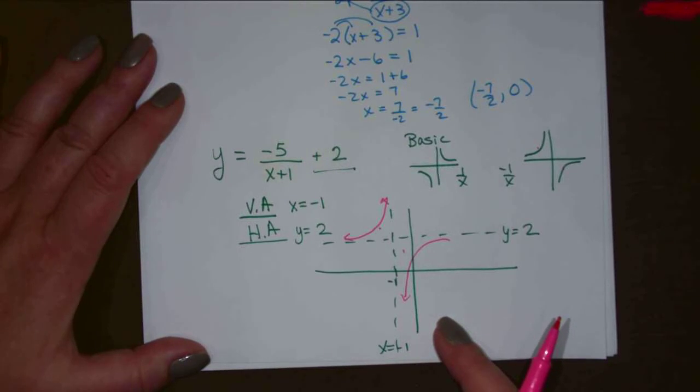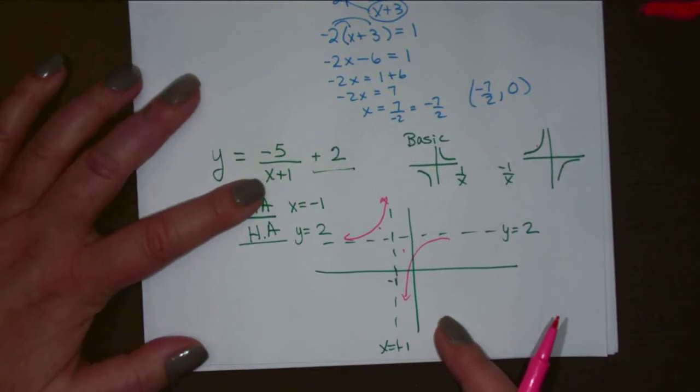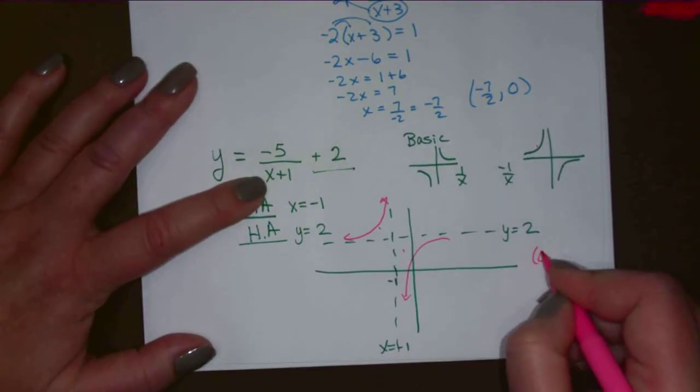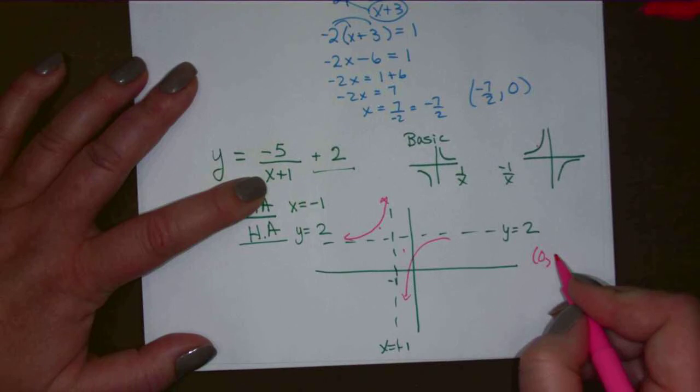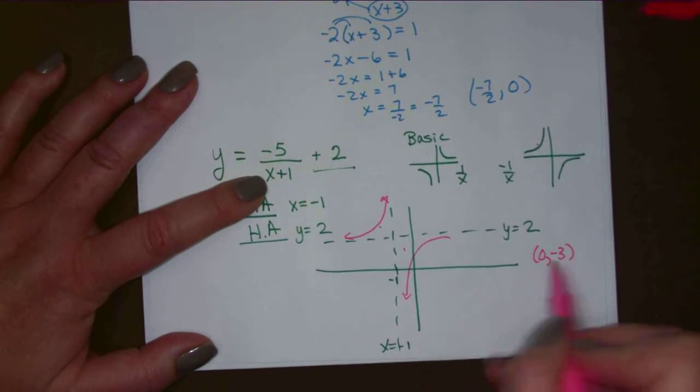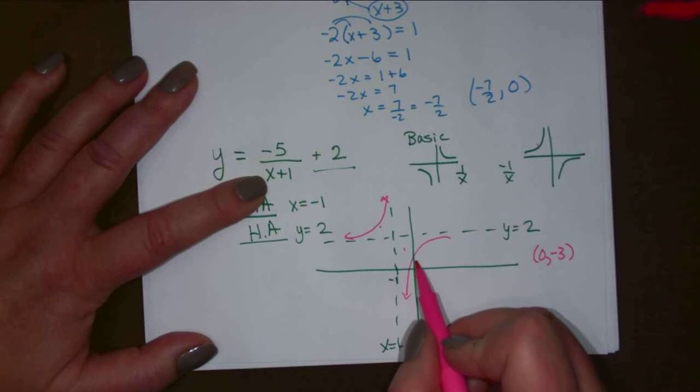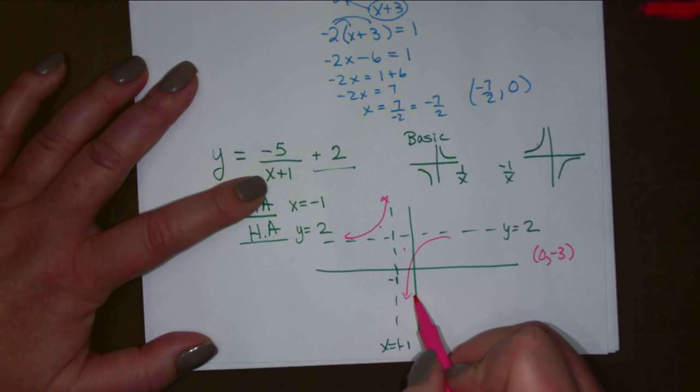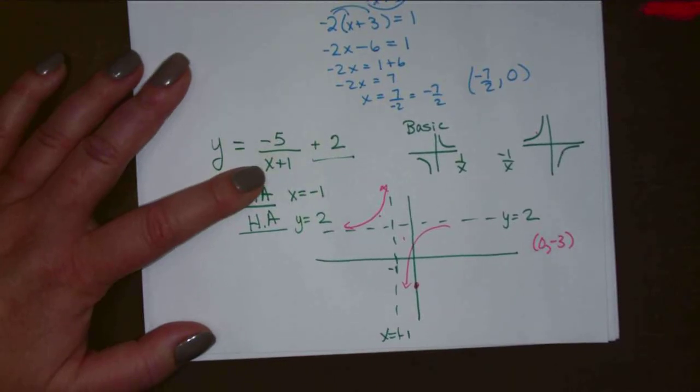What we would get, I'll just give you the answers, is 0, negative 3. So 0, negative 3 is where? Down here. So I would have this marked wrong if I didn't fix it.